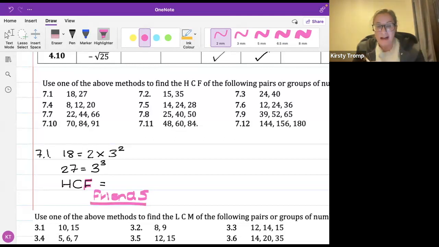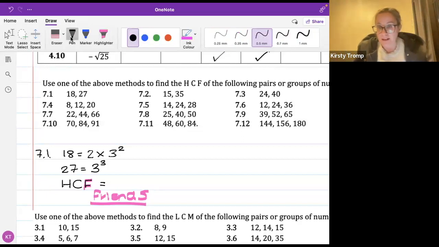In other words, I want to know, how are these numbers going to become friends? When you want to be friends with somebody else, literally you want to look the same. You don't want to embarrass your friend, you don't want to outshine your friend.